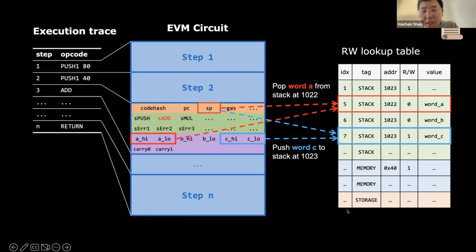That means you cannot have additional rows inside the other lookup table that are not queried by the EVM circuit. So we think that by combining all of these constraints, you can prove that there is no other way to build the other lookup table. Definitely you could try changing the sequence of the rows, but actually there are constraints that constrain the sorting of those rows in the constraints associated with this lookup table. So you can prove this is the only way to build this other lookup table.